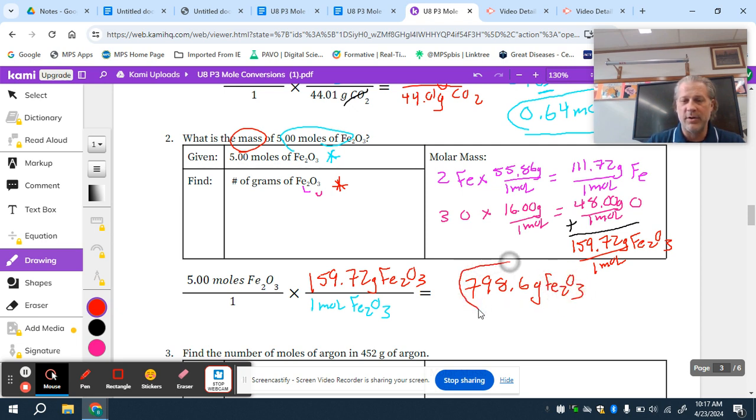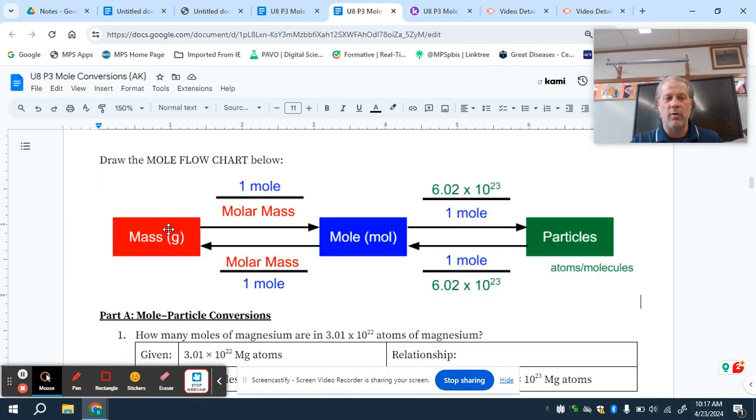My final answer here is pretty big, but it's the right answer. And so that's how we do both types of mass and mole conversions. Again, when you go from mass to moles, you have to find molar mass, and it needs to go on the bottom of the second fraction. And when you go from moles to mass, you need to find molar mass, and it goes on the top of the second fraction.